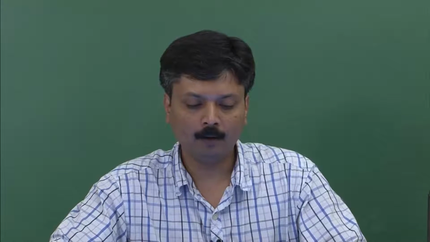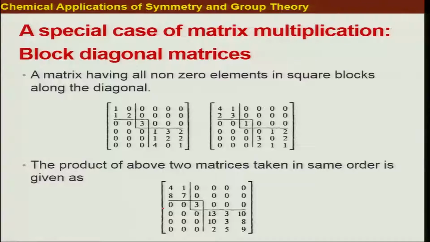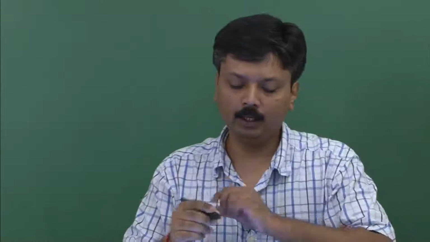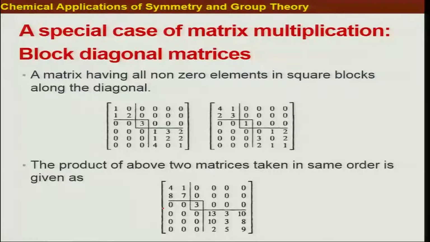How? We can have square matrices such that all the non-zero elements of those matrices are blocked as square blocks along the diagonal, and the rest of the off-diagonal elements are 0. Such matrices are called block factored matrices or block diagonal matrices. On your screen you can see an example.